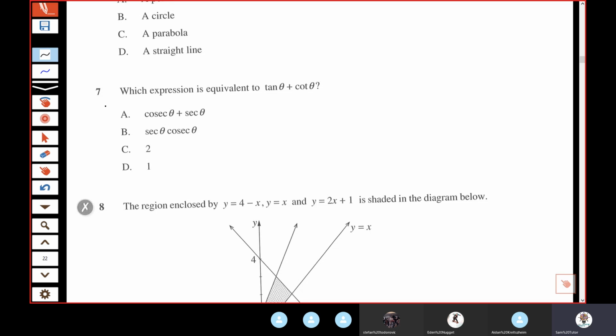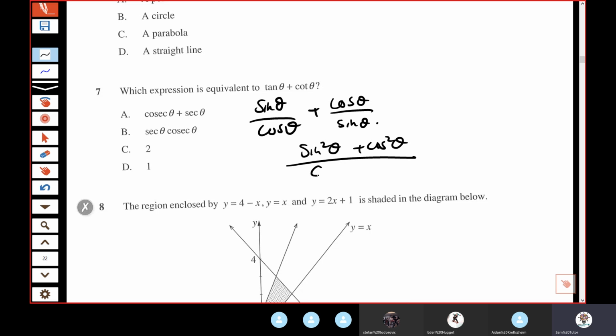Tan theta, sine on cos. Cot theta, cos on sine, cross multiply, sine squared plus cos squared on cos theta sine theta. I agree.